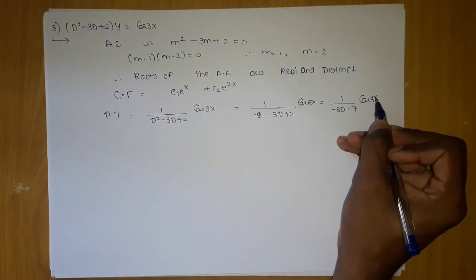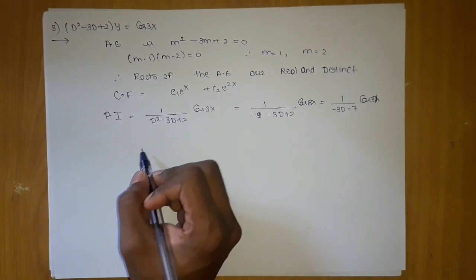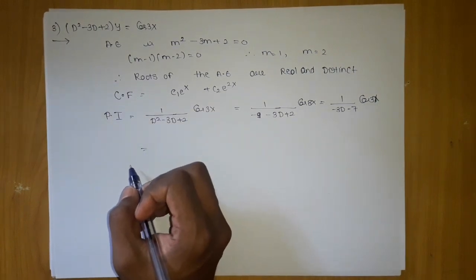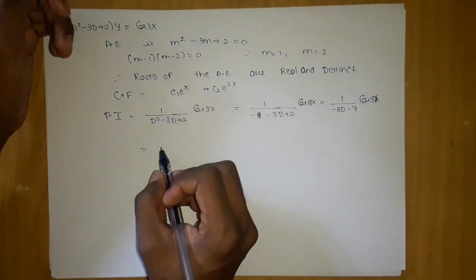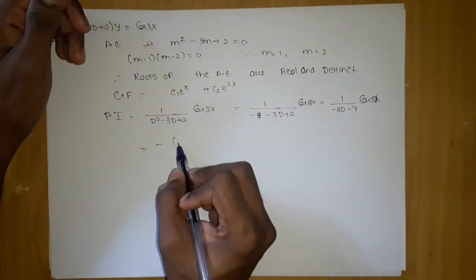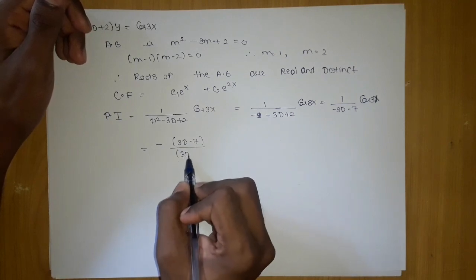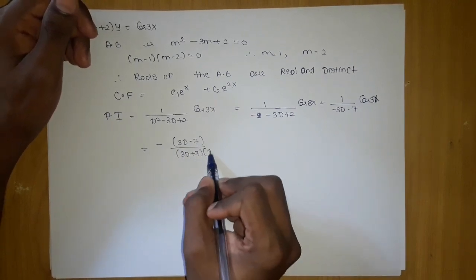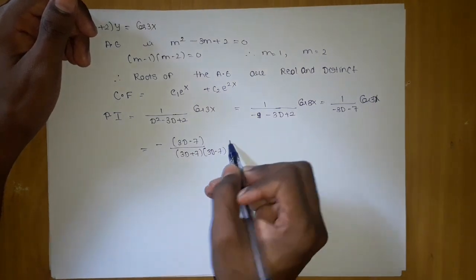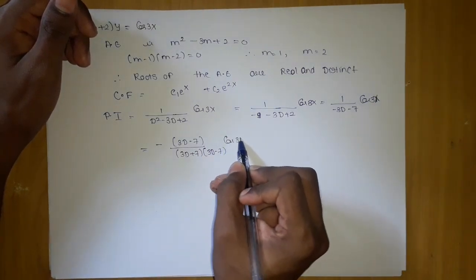Just take the minus outside and rationalize this. The moment you take the minus outside and rationalize it, minus will be outside. We multiply (3D - 7) in the top, and here (3D + 7) after taking the minus outside, and (3D - 7) which we multiplied in the numerator and denominator.